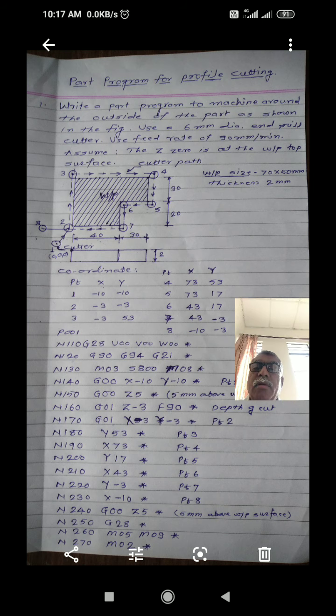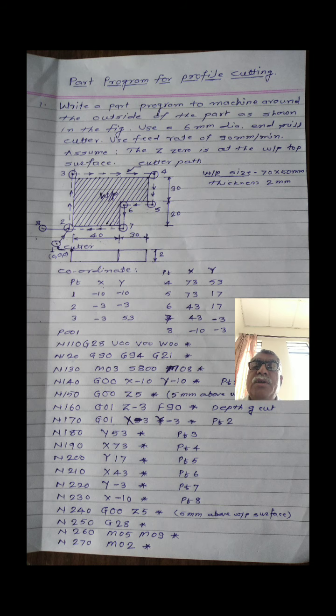Then you have to find out the coordinates of point 3. Its x coordinate remains same, minus 3. Y coordinate: total length is 30 plus 20 equal to 50, and radius of the cutter is 3 millimeter, that is above the workpiece surface.